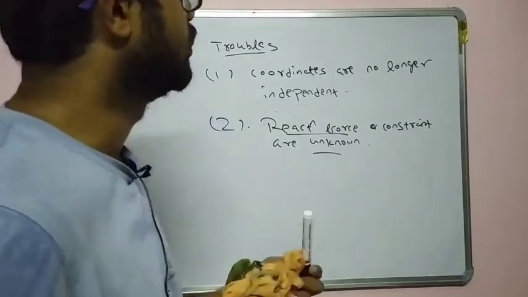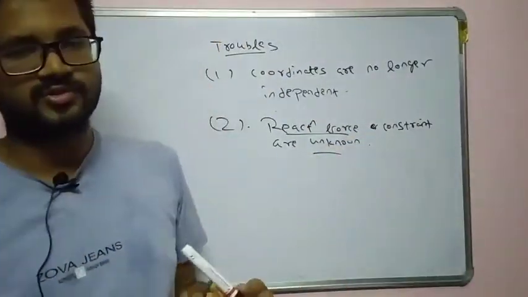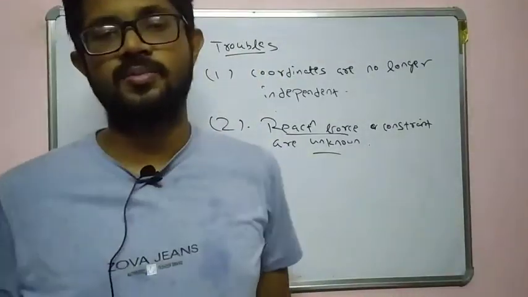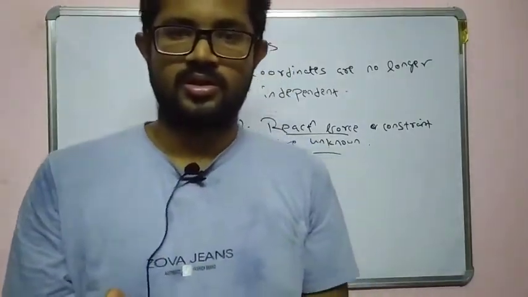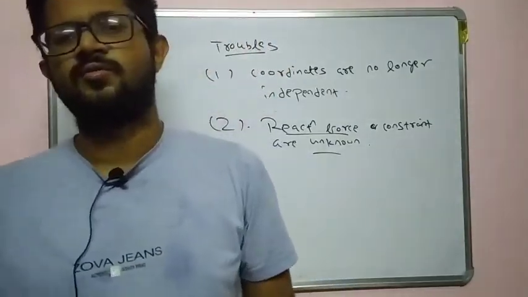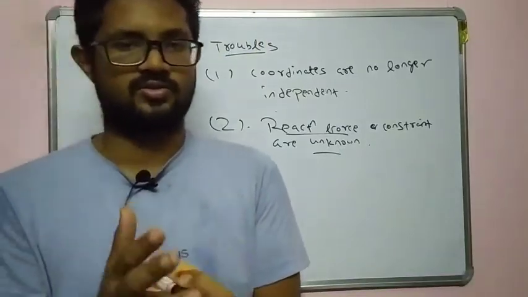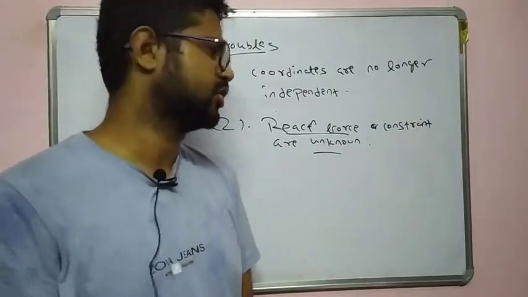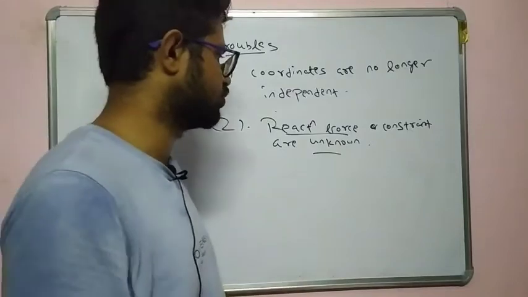If I slap you, how much pain I got in my hand, how can I know this? If you know how much force you have applied, then you can find the reaction. It will be equal and opposite in nature. So reaction forces of constraint are unknown.